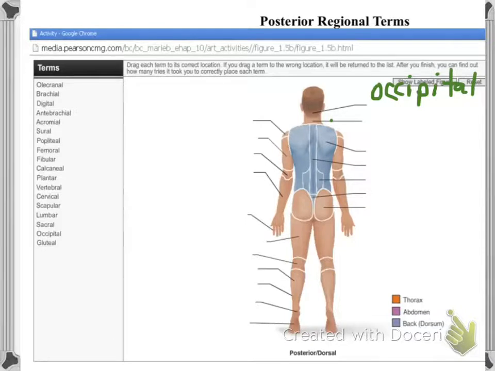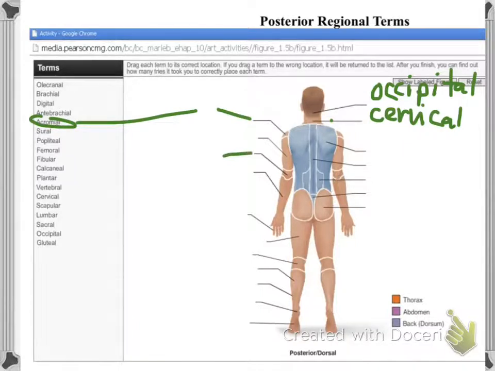Cervical, we already talked about. Here you could get into either acromial or deltoid. They're saying right here, acromial. The back of the arm, again, is still brachial. Right here, the back of the elbow is olecranal.